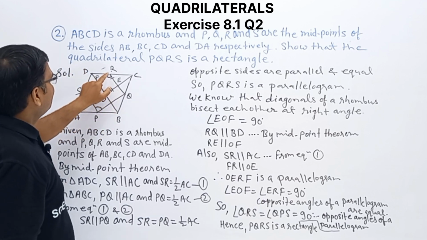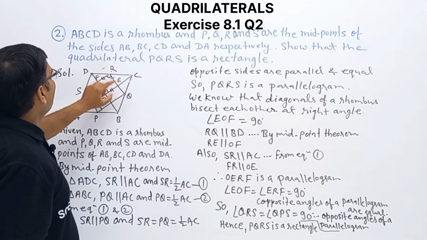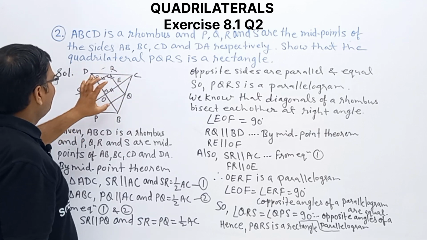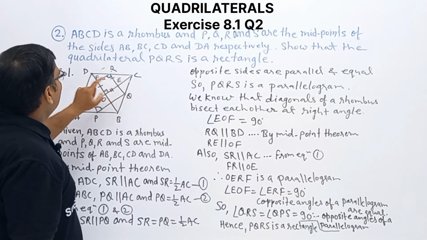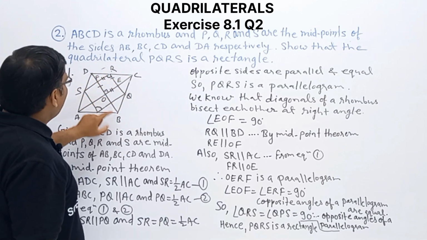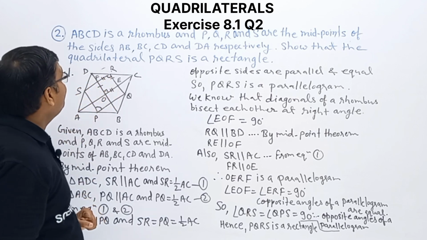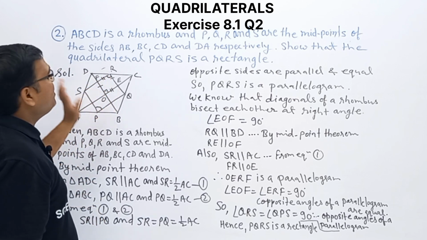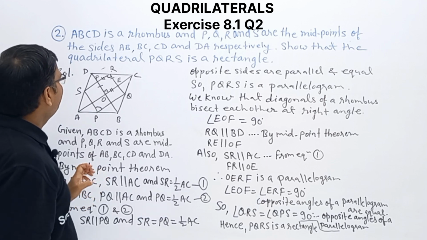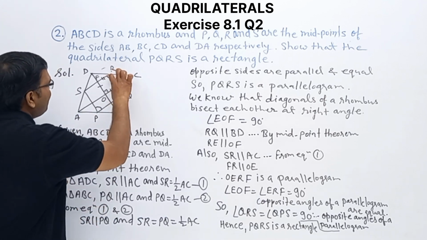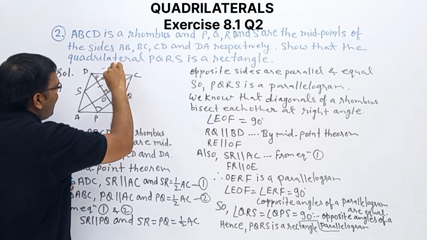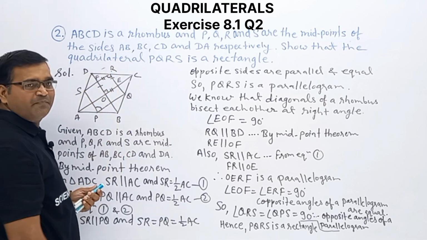Now for this triangle, RQ is parallel to BD. Why? Because R and Q are midpoints of BC and CD. So RQ is parallel to BD and RQ is half of BD from the midpoint theorem. So it means RE is parallel to OF.